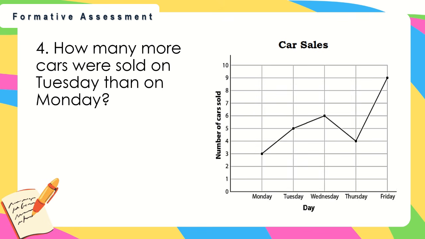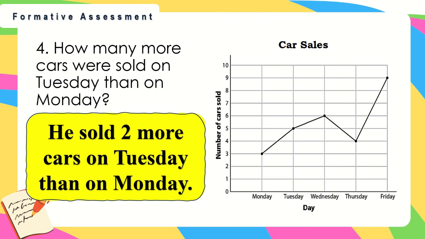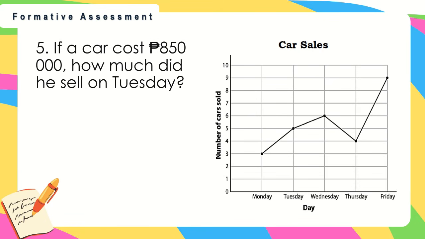Number 4. How many more cars were sold on Tuesday than on Monday? You're right. He sold 2 more cars on Tuesday than on Monday. Number 5.